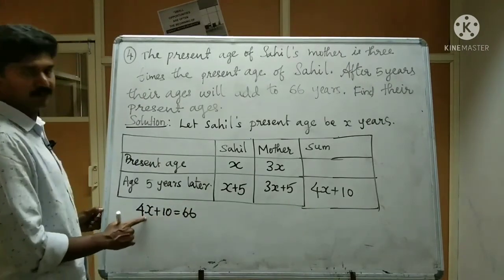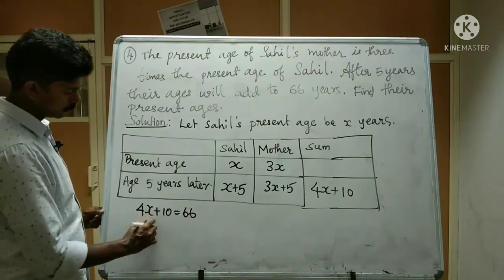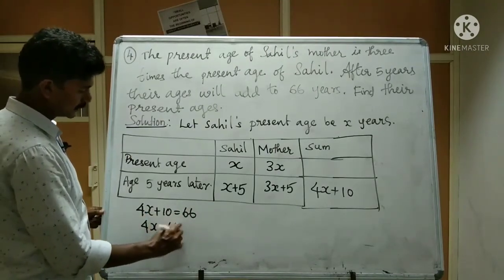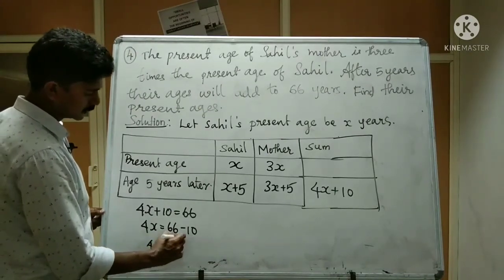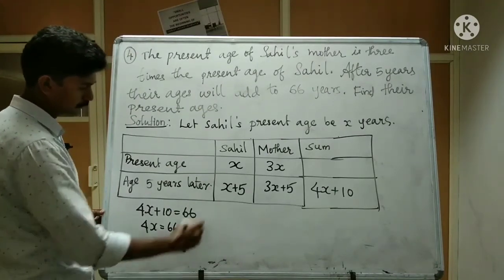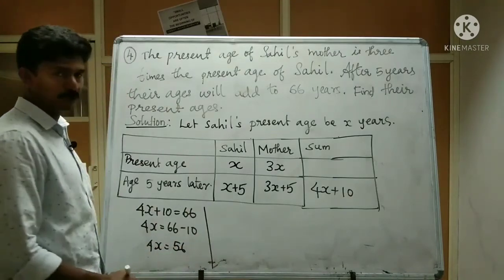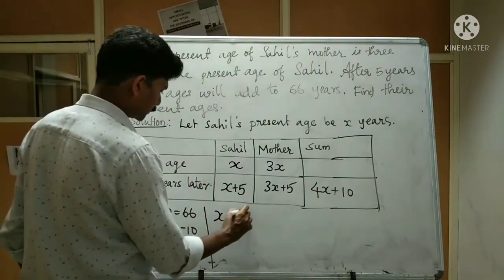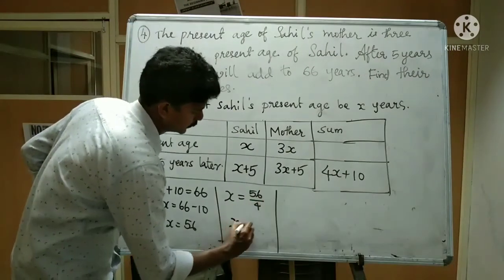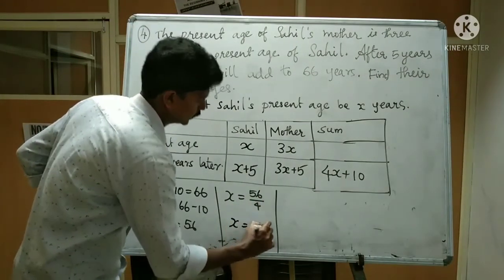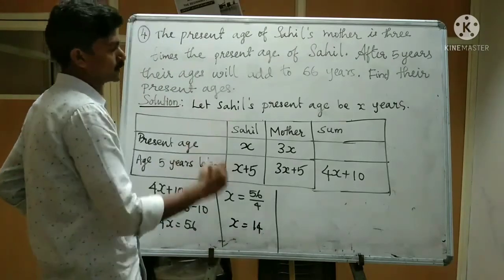We need the value of x. So take 10 to the other side. 4x is equal to 66 minus 10, which is 56. Now take 4 to the other side. x is equal to 56 by 4. When we divide, it is 14. So 14 is Sahil's age.